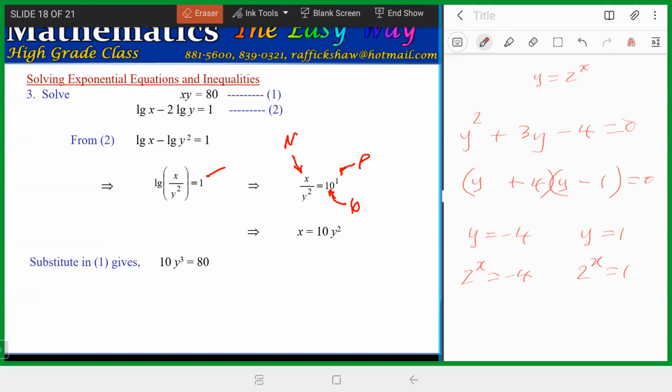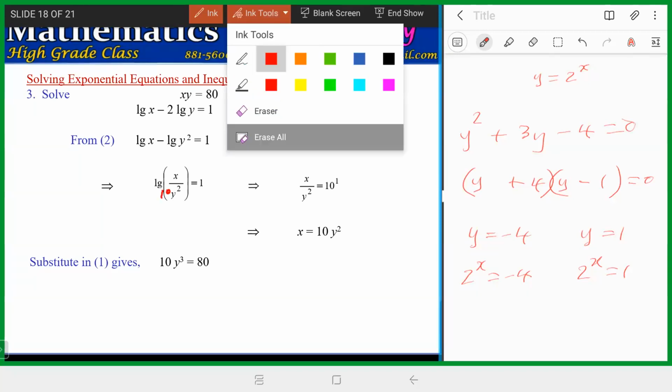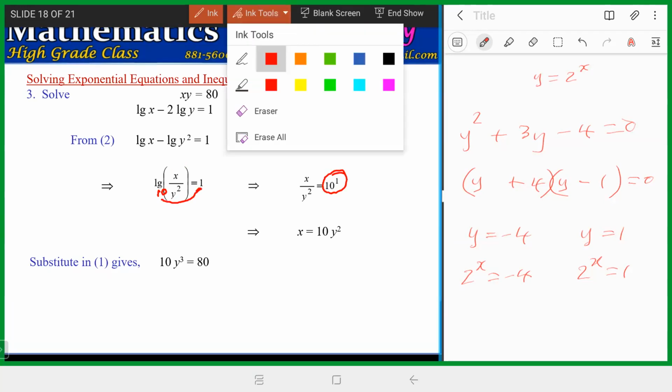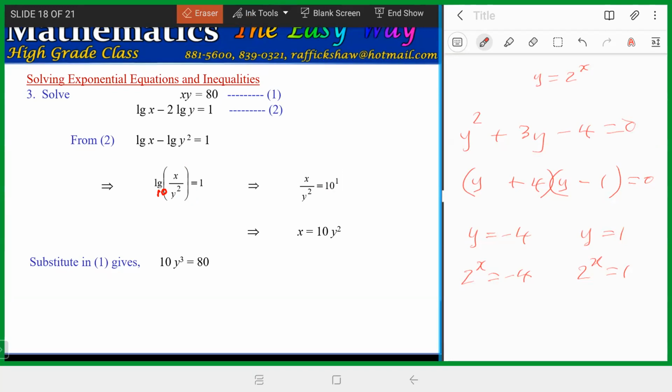They don't show it, you have to know it is base 10. So this number 10 is equal to this base raised to the power 1. That's where the 10 comes from.